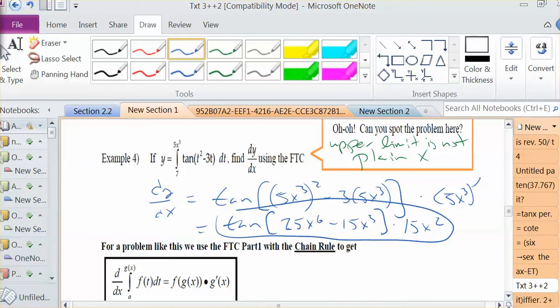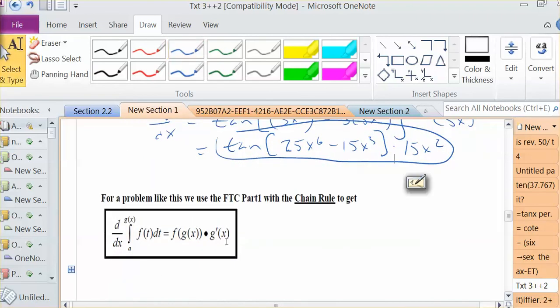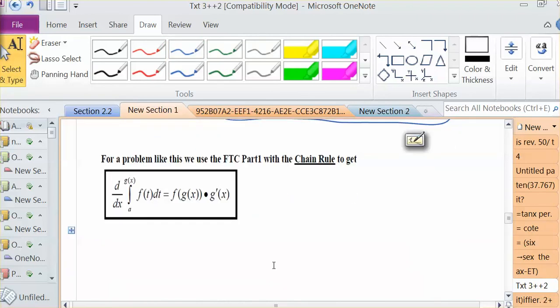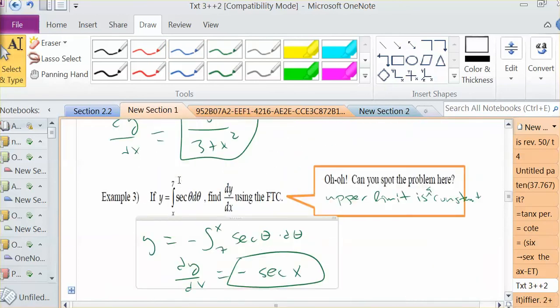So you can use chain rule. As long as your upper limit is a function of x, then you simply find the composite function f of g of x times g prime of x. And really we have been doing that for all the other ones.